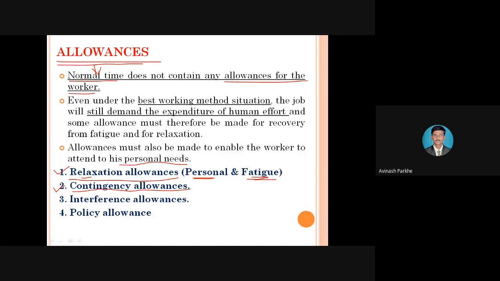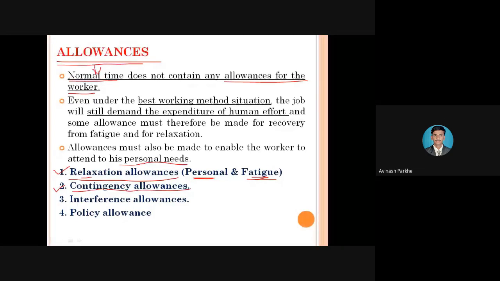So in such situations, extra time should be assigned to change the tool or component of that machine. These unavoidable reasons that take place in the industry we consider under the contingency allowance.